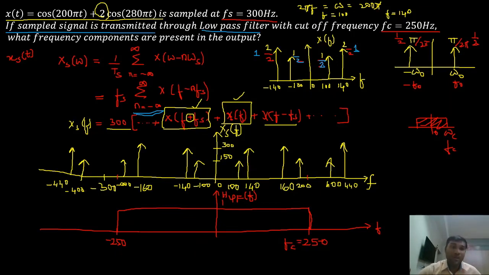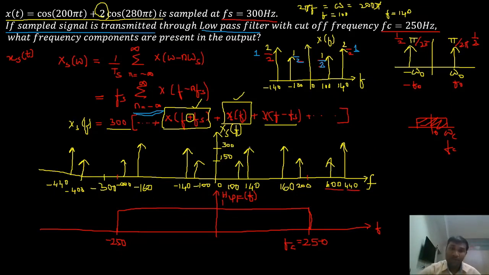If I pass the sampled signal through my low pass filter, what will happen? It will only pass the frequencies which are less than cutoff frequency, Fc. In my sampled signal, I have frequencies 100, 140, 160, 200, 400, 440, and their negative versions.